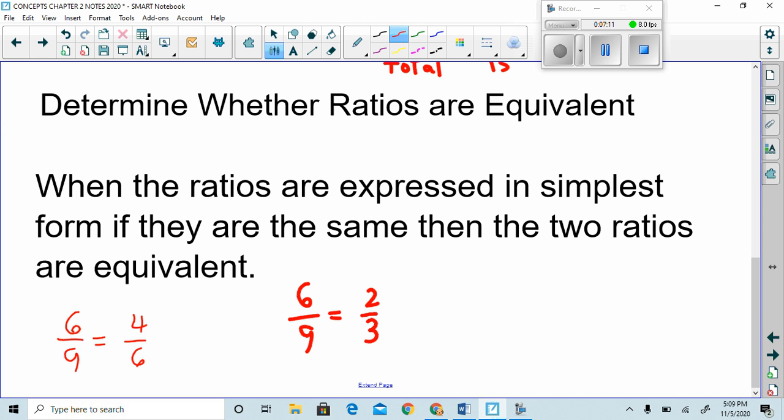If I take 4 over 6 and simplify by dividing by the GCF, which is 2, you see that these two are the same, so these are equivalent or equal. So that's one way to tell if two ratios are equal: by writing them as fractions in lowest terms and comparing.